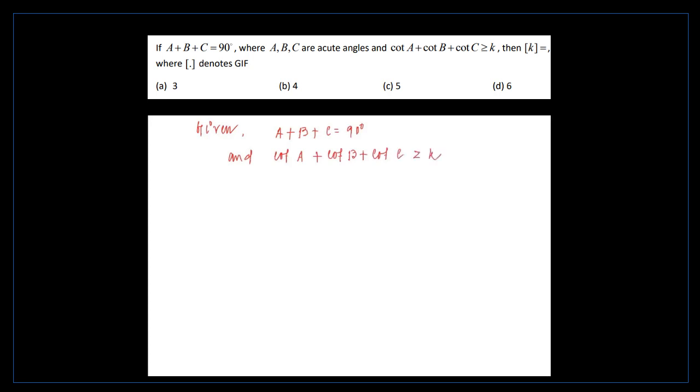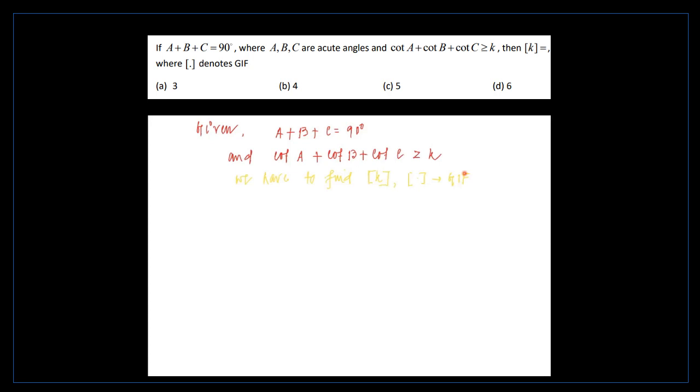And here we have to find the box of k, where box denotes the GIF or greatest integer function.